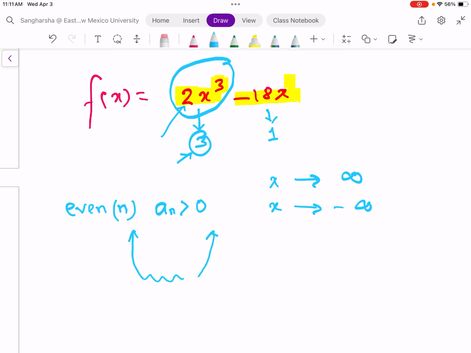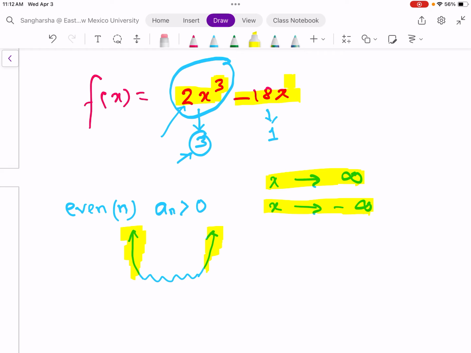So this leading term test gives us the behavior of a function on the left end and on the right end. Left end means when we choose our input very small, this is the graph we get. When our input is very large, this is the graph we get. It means our function goes all the way to positive infinity.